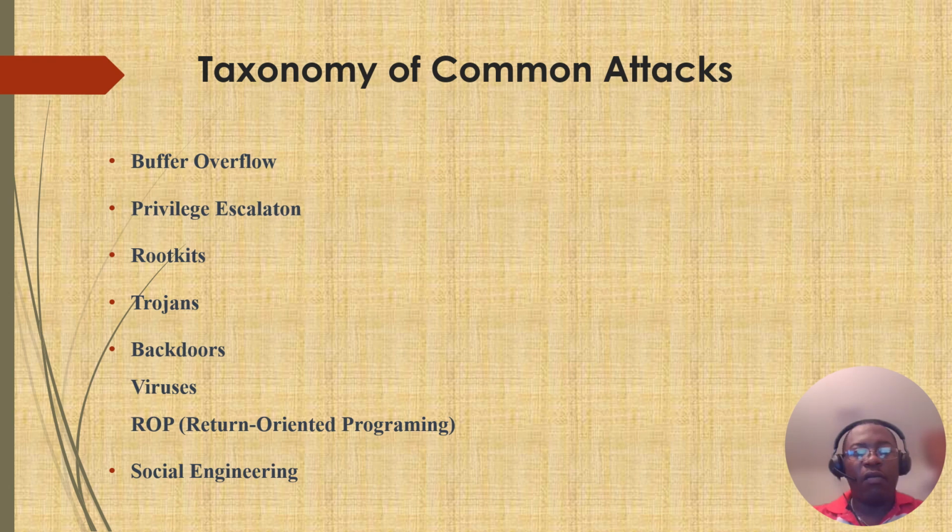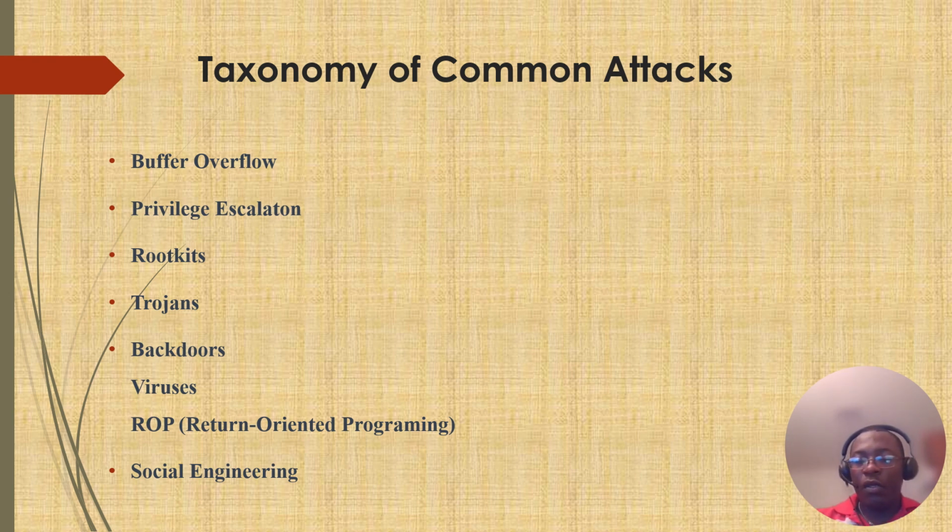Rootkits are malware hiding their presence, for example kernel rootkits. You have the Trojan, a malware disguised as legitimate software. It looks like good software. You have backdoors, which are a secret access method, like hidden SSH keys.